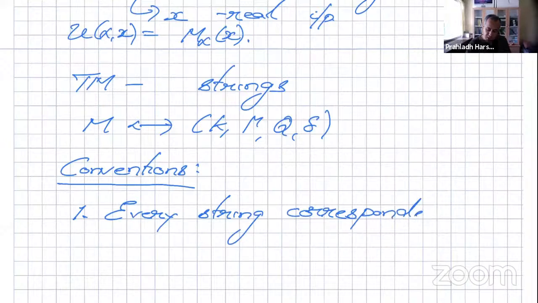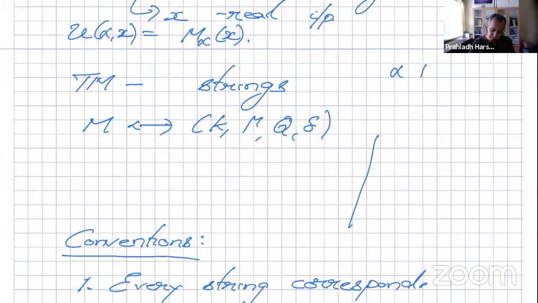The notation I'm going to use is: if I give you a Turing machine M, instead of writing it this way, I'll write the string that represents the Turing machine.